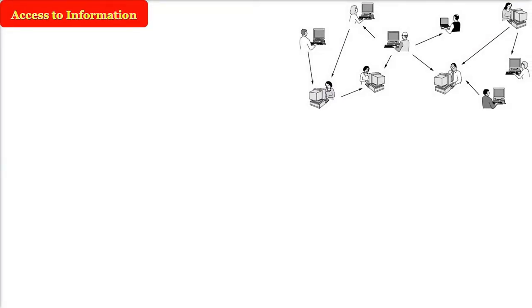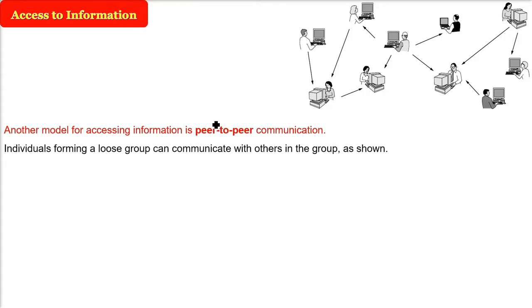Now, another model, because we just talked about the client server, there is another model for accessing information. This is peer-to-peer communication. Peer is your friend, the person who is sitting with you, who is working with you. So peer-to-peer, the term meaning is that.